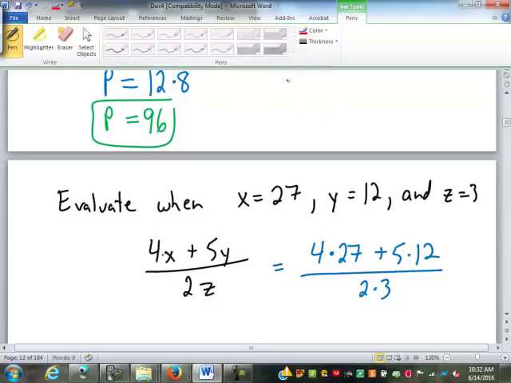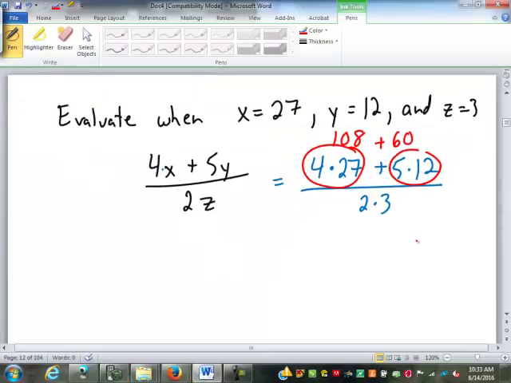Now this is simply an order of operations problem. Order of operations means you're going to do the top first. Up there, highest priority is multiplication. 4 times 27 is 108. I might take a couple shortcuts here. Plus 5 times 12 is 60. 108 plus 60 is 168.